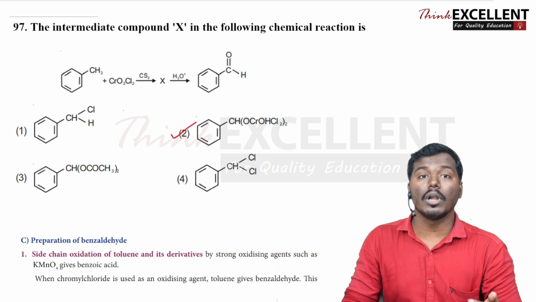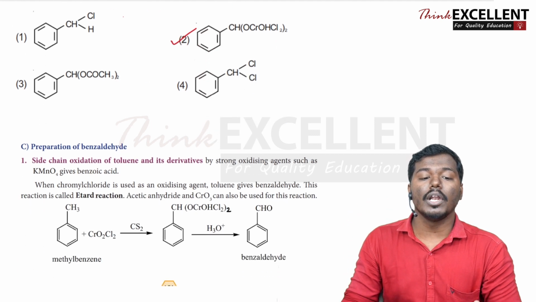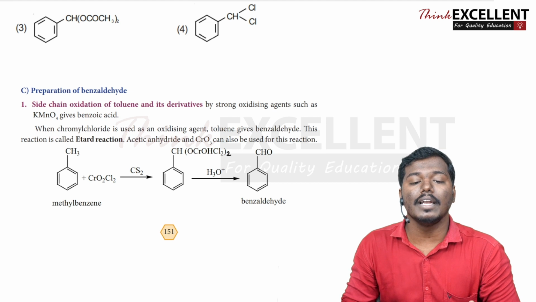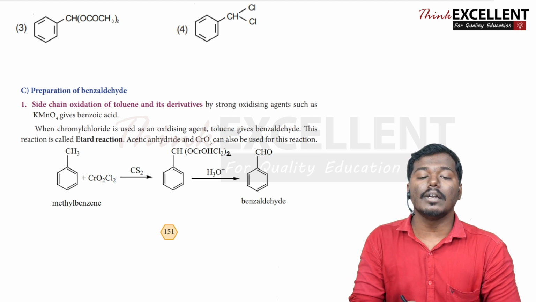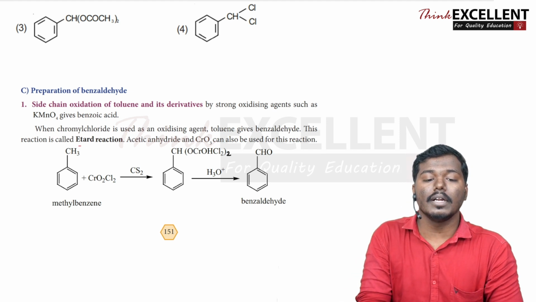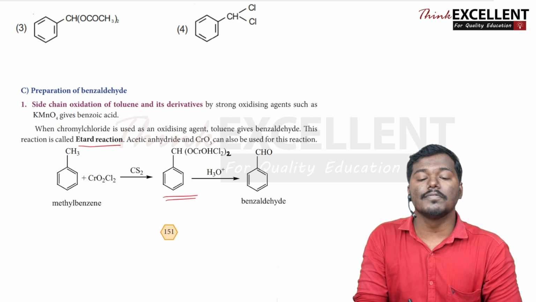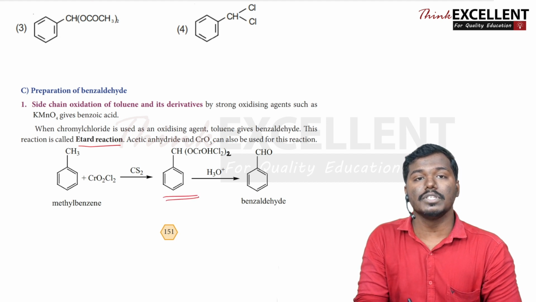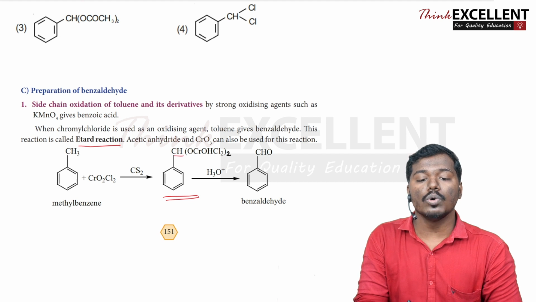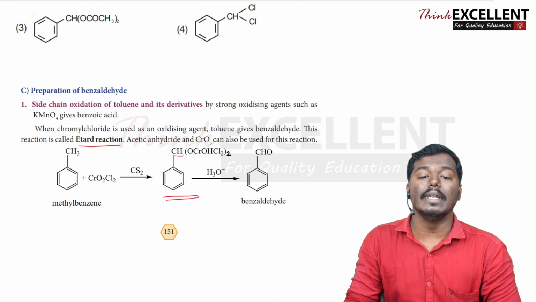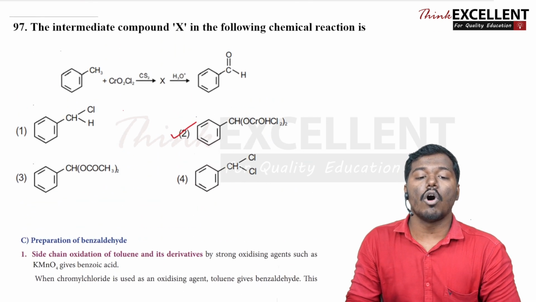So இத நம்ம bookல படிச்சிருக்கோம். You can see that carbonyl compounds ல preparation of benzaldehyde ல you can see the Etard reaction. On the Etard reaction ல பாருங்க, the intermediate compound which is formed has the benzene ring attached with CH(OCrOHCl2)2, right? So this is the intermediate compound which is formed in this reaction.